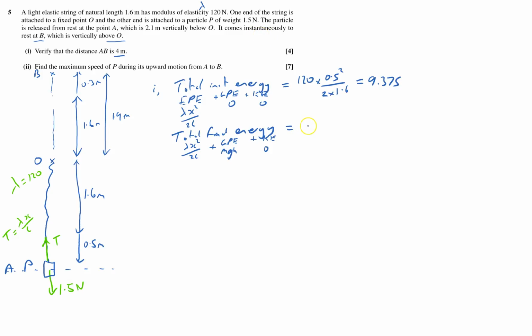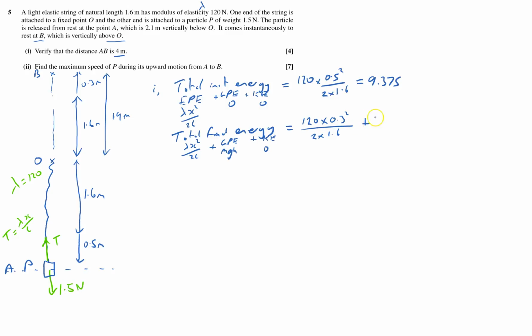So elastic potential energy is lambda 120 times my extension. Well, the whole thing goes 4 meters up, so this is 2.1, so that's 1.9, and so the extension is 0.3, squared, all over 2 times 1.6, that's 2L, plus my mgh.